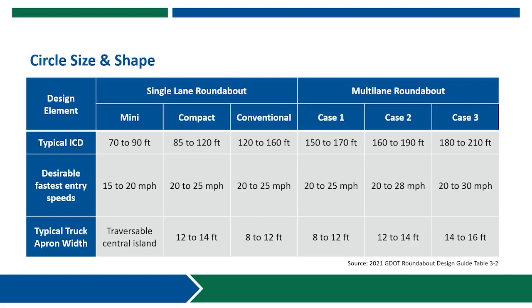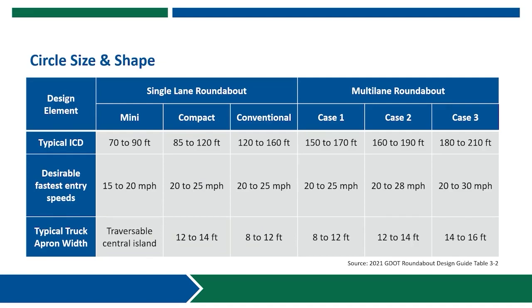The choice of a compact or conventional single-lane roundabout is dependent on factors such as space available at the intersection, angle, the roadway classifications, posted and design speeds, and design vehicles. A smaller ICD has trade-offs related to accommodating larger design vehicles.